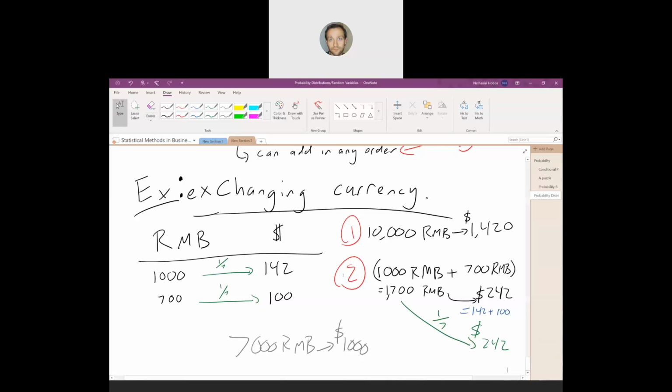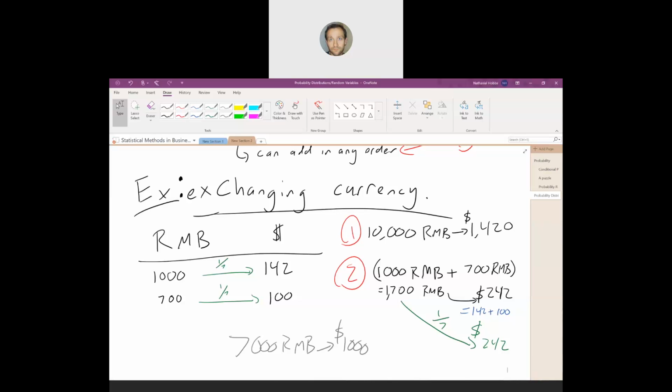The fact that you can multiply by a certain number, and it doesn't matter if you do it beforehand or afterwards, or if you're combining funds. Do you convert the pieces individually first and then add them together? Or do you add them together first and then convert them?